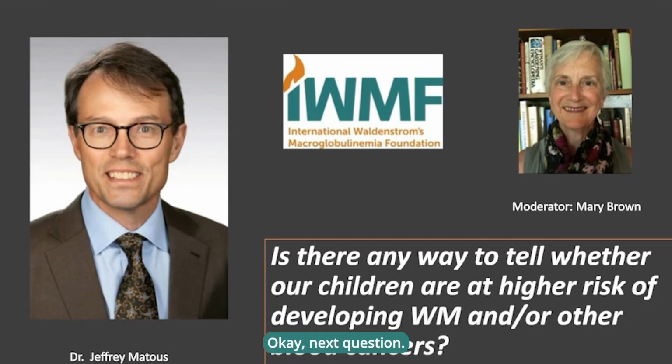Okay. Next question. Is there any way to tell whether our children are at higher risk of developing WM and or other blood cancers? No standard way to determine this, Mary. And again, it's important to keep in mind the concepts of absolute risk and relative risk of getting WM.